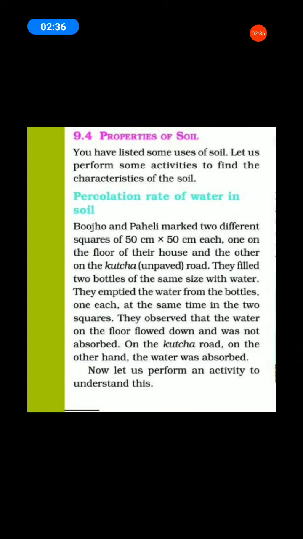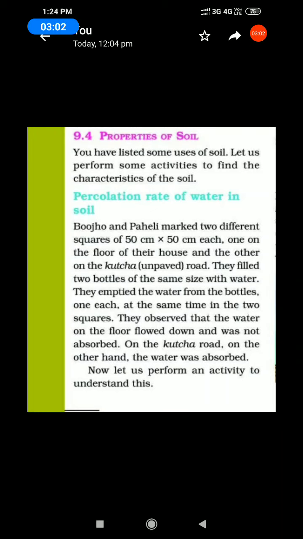Clay soil contains fine particles, so the proportion of fine particles is relatively higher. Then what is loamy soil? When the amount of large particles and fine particles is about the same, the soil is called loamy soil.